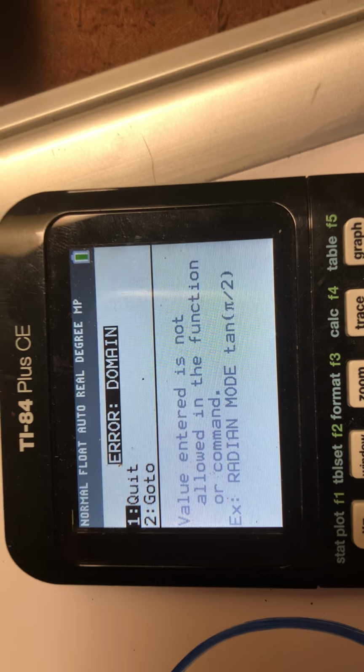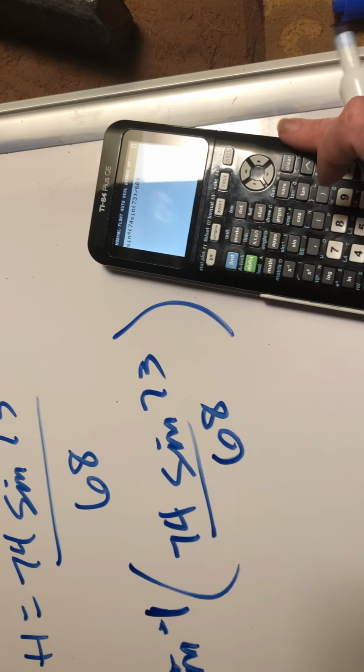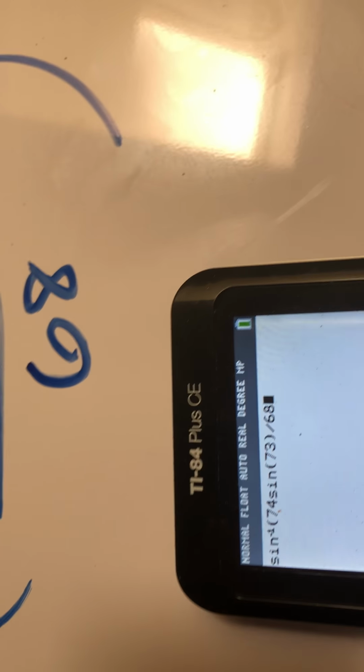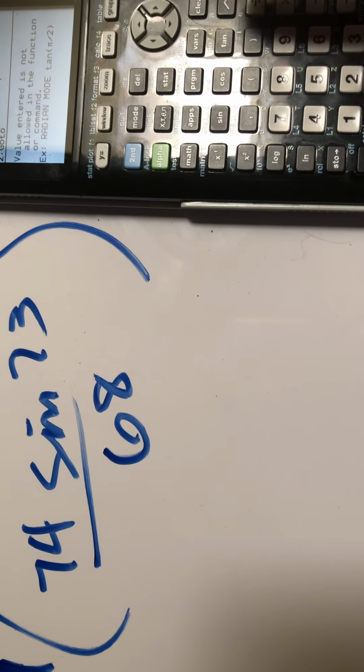And then, okay, I got a domain error. So like I told you, you've got to do that twice, because I've got to make sure I plugged it in right. So I've got the second sine, I've got 74 sine 73. Okay, so I'm going to do it again. See if I get that again.